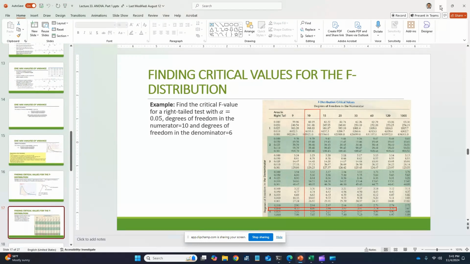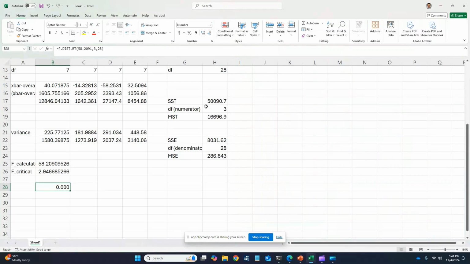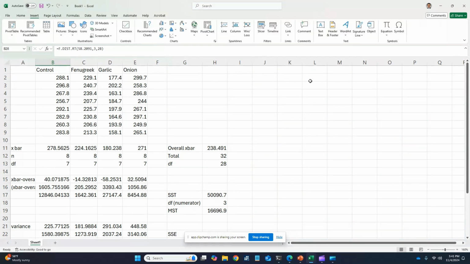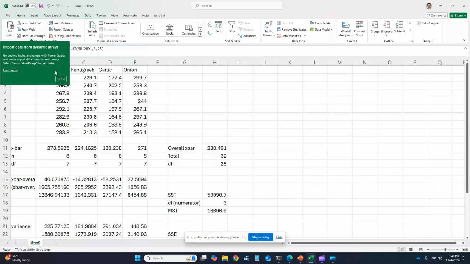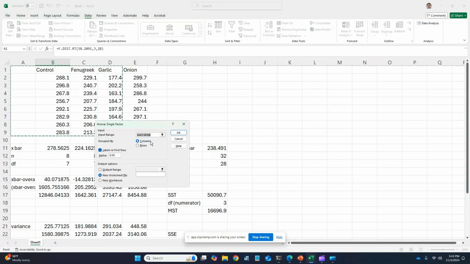But there's another way to calculate the same more effortlessly. Using Excel, you can do that. So we go to the Data menu and do the data analysis. Click on Data Analysis, and the first one, ANOVA: Single Factor, you select this.